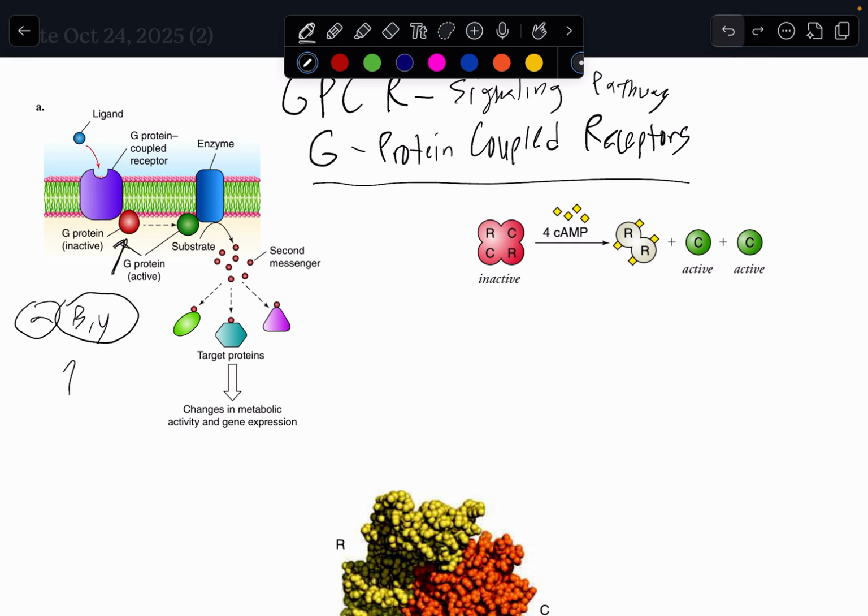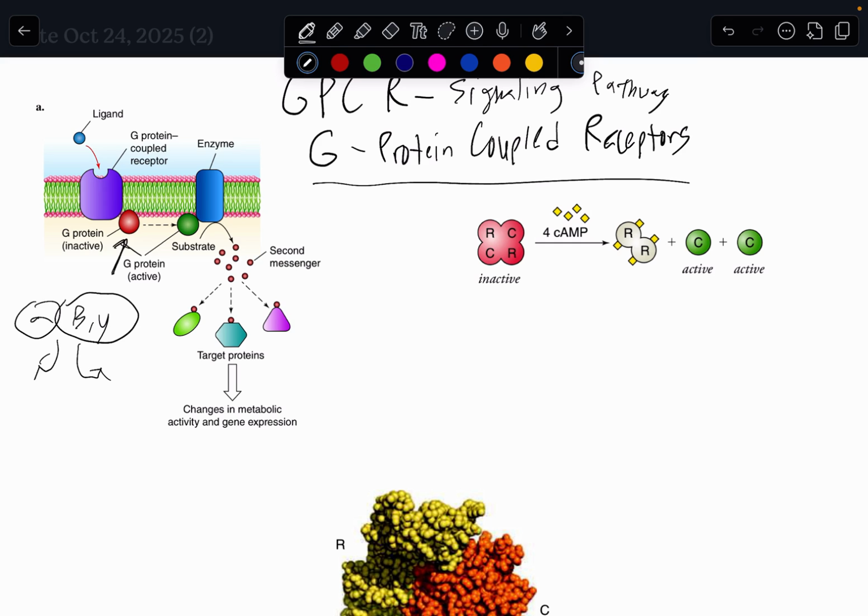When this occurs, this beta gamma subunit and this alpha subunit will separate. They'll go their two separate ways, okay? The beta gamma subunit will hang around, kind of around where it's at. It's not lipid linked, it's not anchored into that membrane, anything like that, but it'll hang around waiting for the G protein, or the alpha subunit, to come back to it.